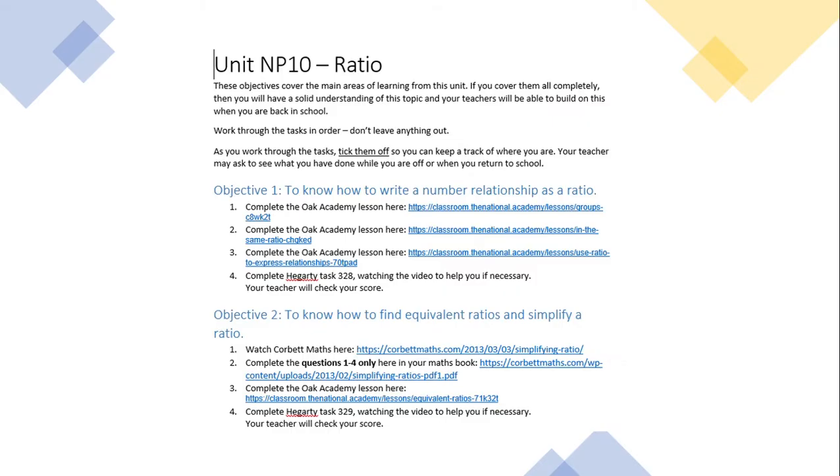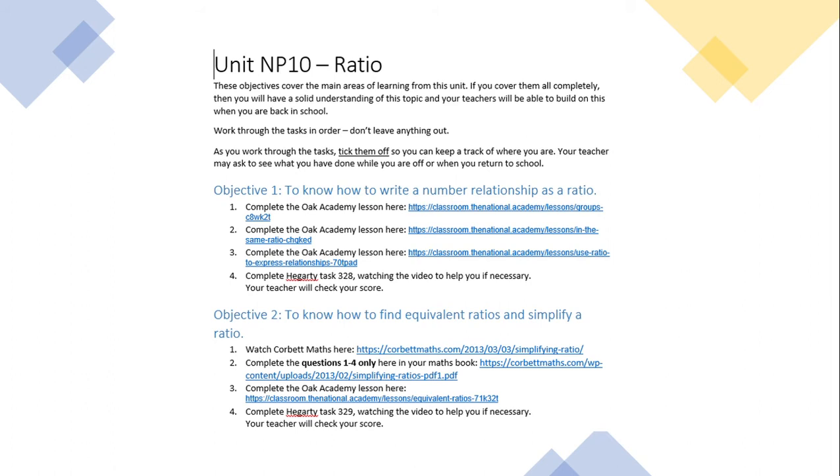So your remote learning document on ratio looks like this, and you'll see some instructions at the top that are the same for all of our remote learning documents. But in case you haven't looked at one before, I'll just talk you through it. What you'll have on this document are a set of objectives that cover all of the learning from the ratio unit.